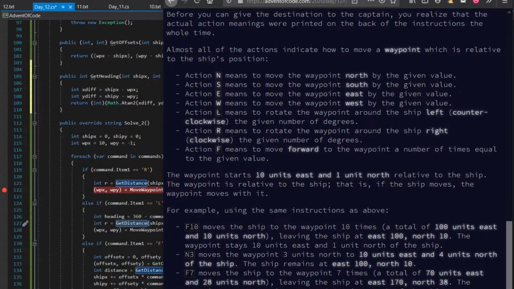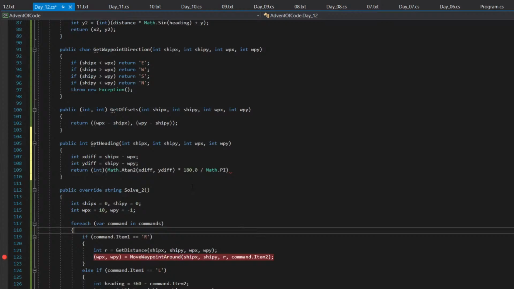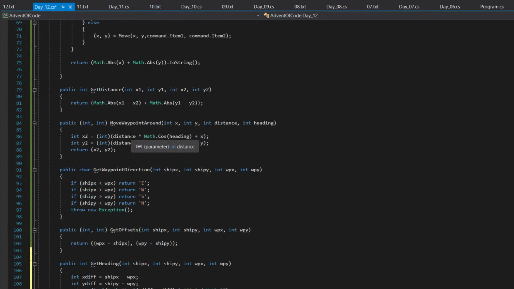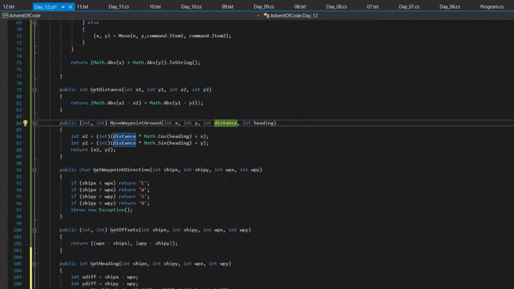It means to rotate the waypoint around the ship clockwise the given number of degrees. Hmm.